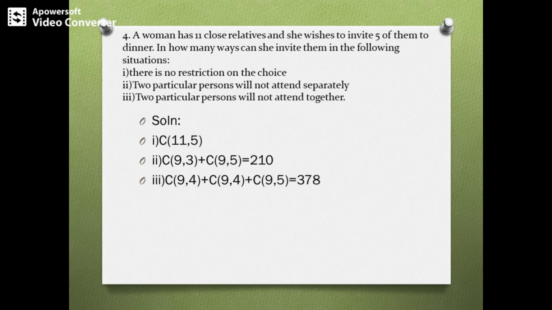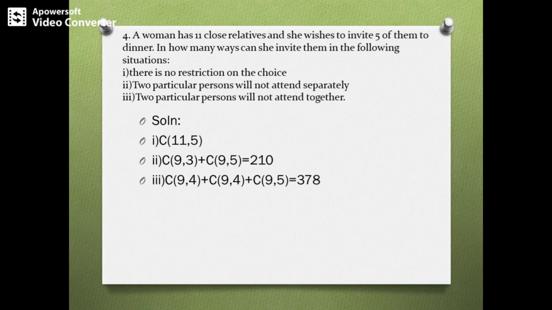So what does C(9,3) ways tell us? You have already selected two persons who will come together, so the remaining three more out of five are to be invited, out of nine relatives. Two are already selected for invitation.